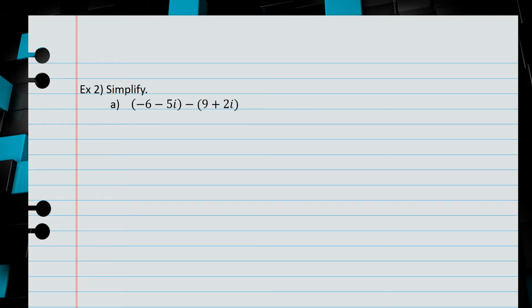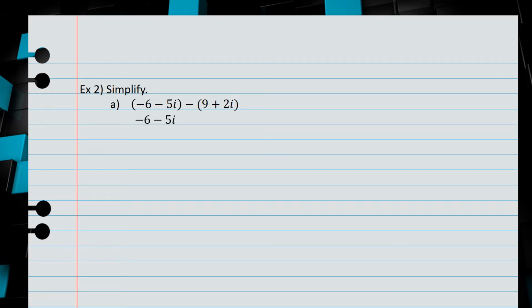Well, this is where it gets tricky. Since we have parentheses, we have to look immediately in front to see if anything needs to be distributed. In front of the first parenthesis set, notice there is no number in front of it, which means the parentheses are no longer necessary, so we can confidently write that as negative 6 minus 5i.